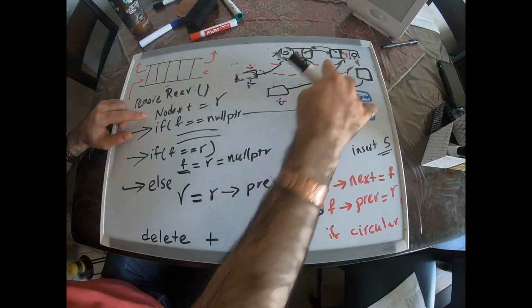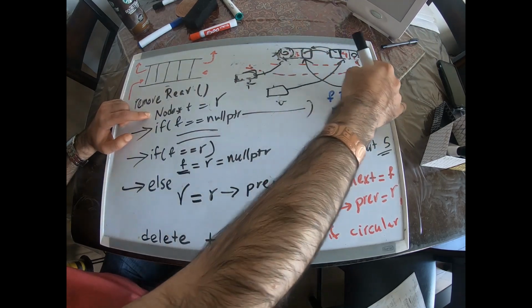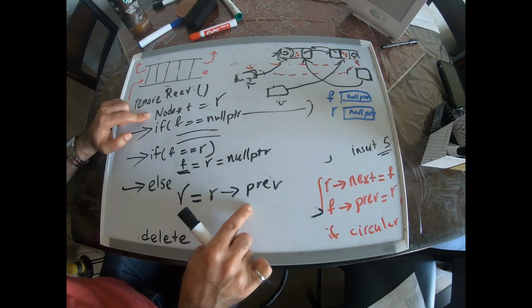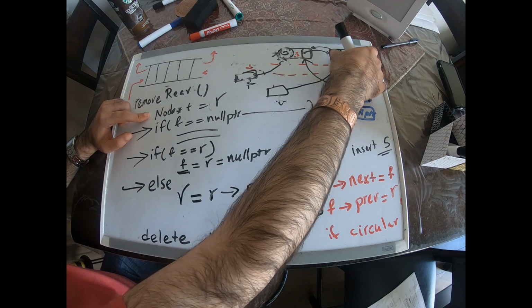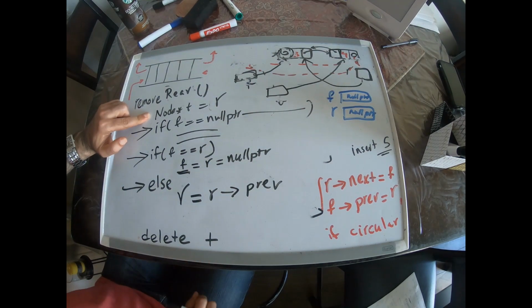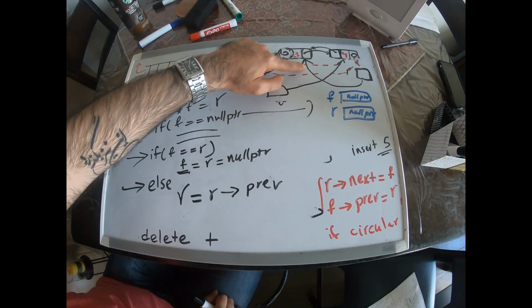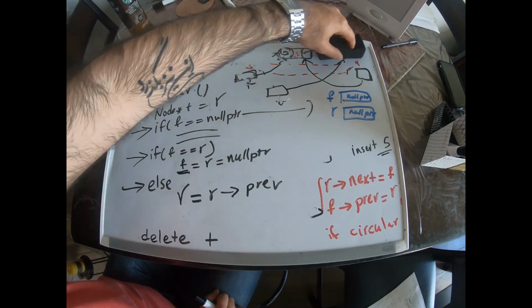And that's why we need this temporary pointer, because as soon as this statement is executed, R is not pointing here. We need to have a pointer pointing to this node so that we can deallocate it later. Okay. So this part is done, right? And eventually we're going to delete T. So this is going to be also gone.